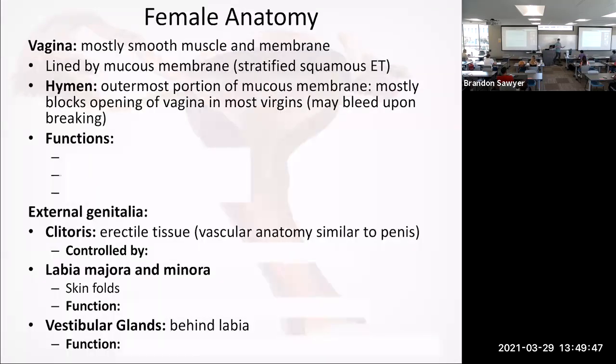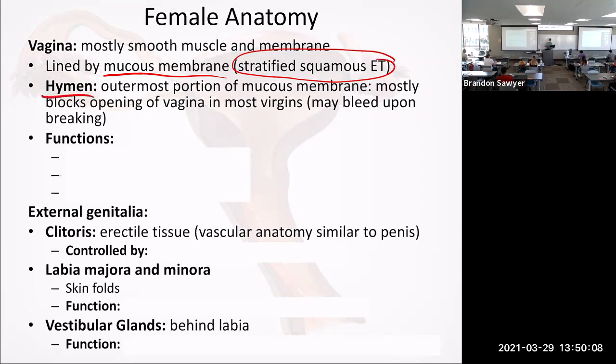All right, so let's dive into the external female anatomy here. The vagina is mostly smooth muscle and mucous membrane. It's lined by mucous membrane, mostly stratified squamous epithelial tissue. Remember that was one of the two examples we gave of stratified squamous epithelial tissue: the skin and the lining of the vagina.